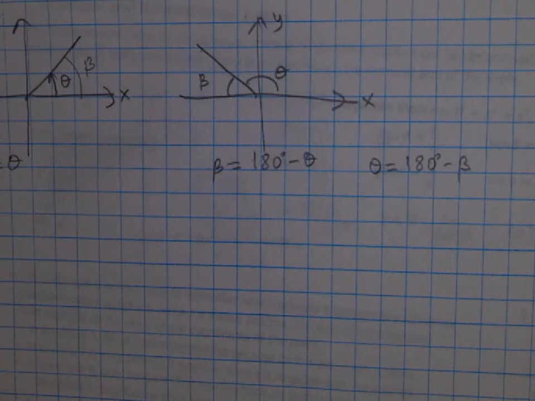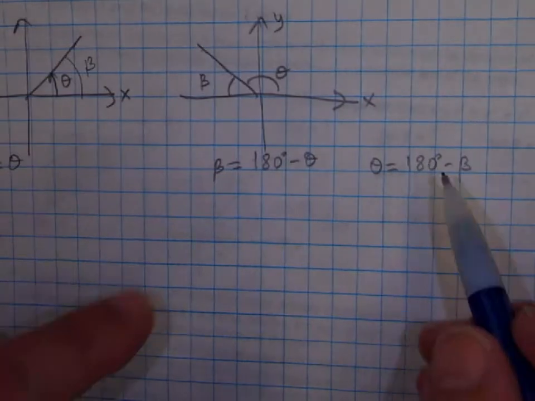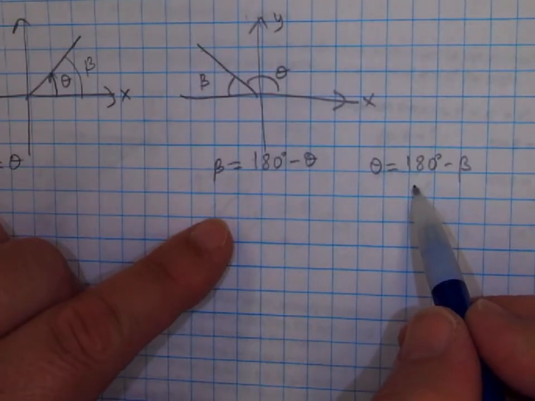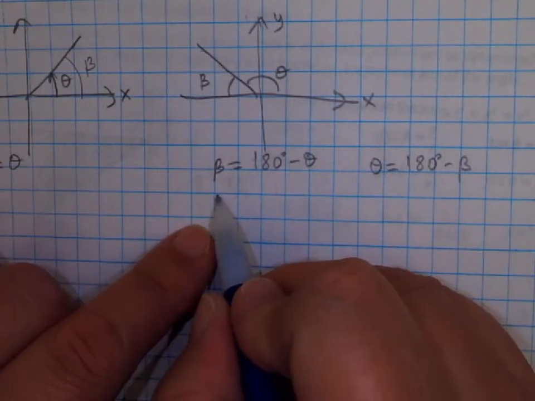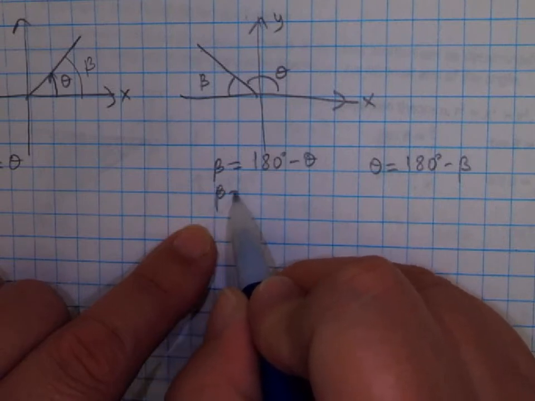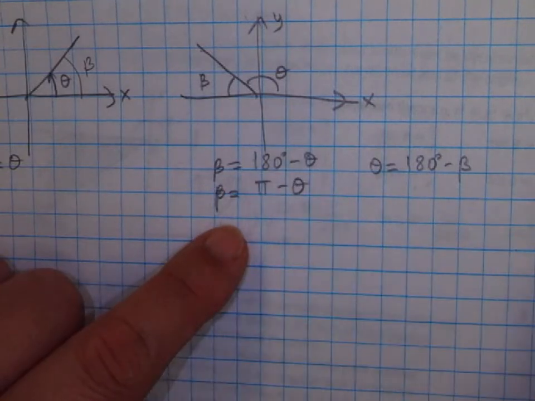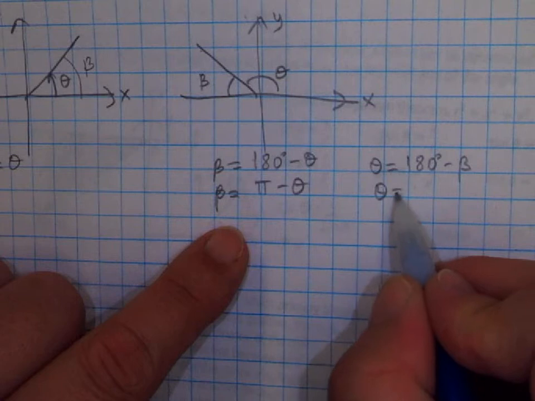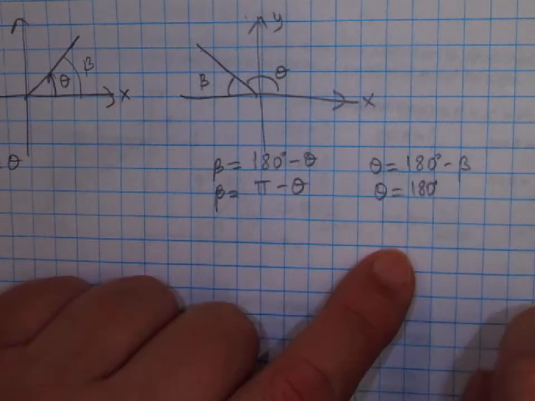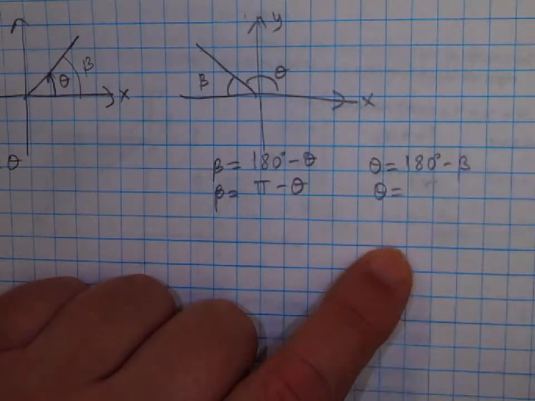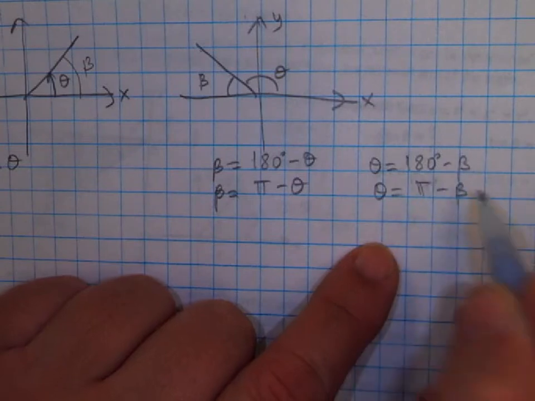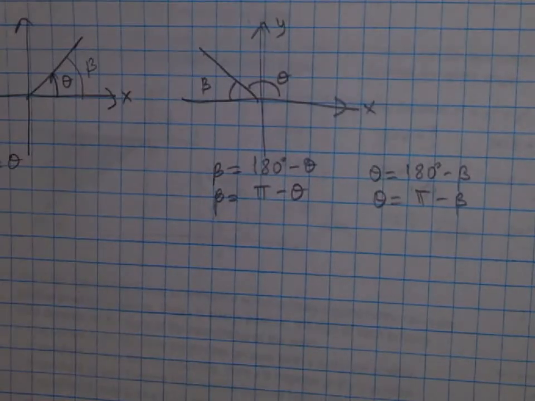But don't forget, now we are working with radians, so 180 is the same as pi. When working with radians, we say beta equals pi minus theta, or theta equals pi minus beta. So you just replace 180 with pi.